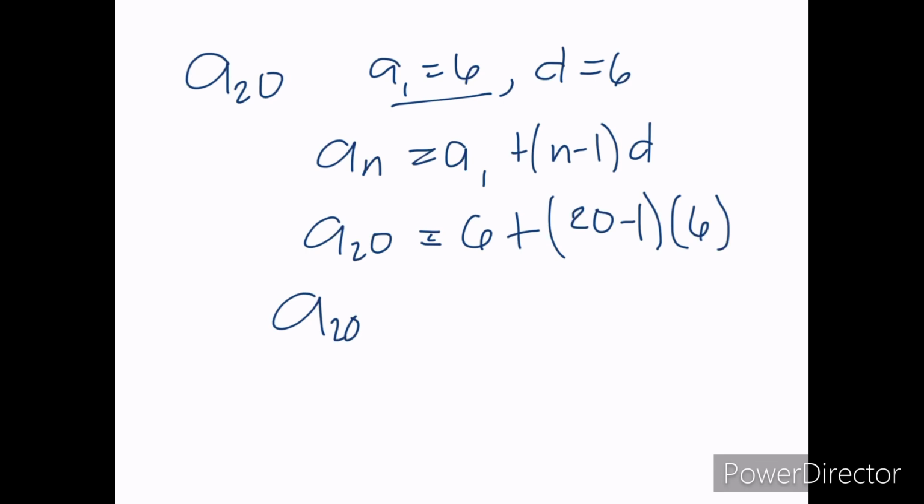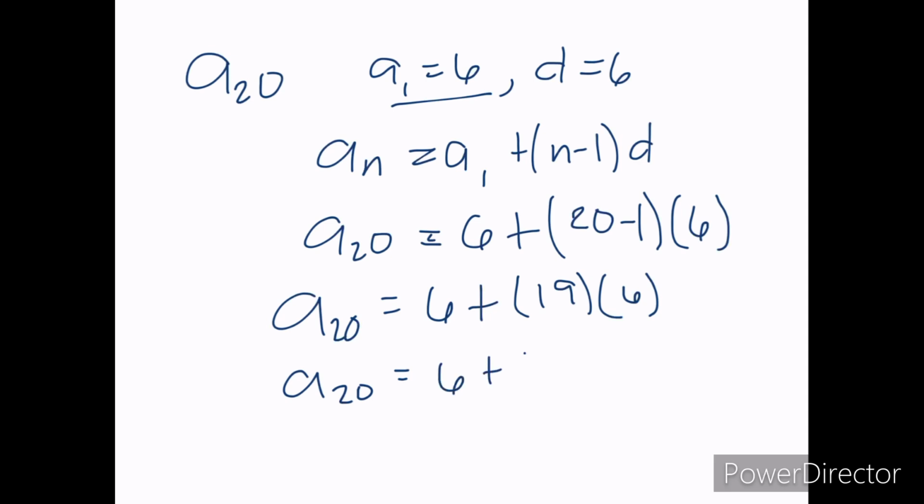Again, simplify. 6 plus 20 minus 1 is 19 times 6. So our a sub 20 is equal to 6 plus 114.